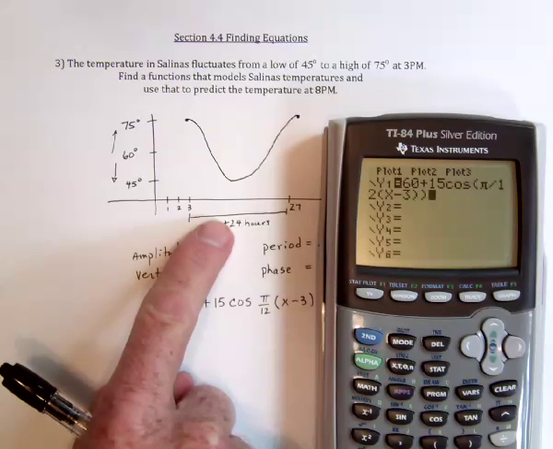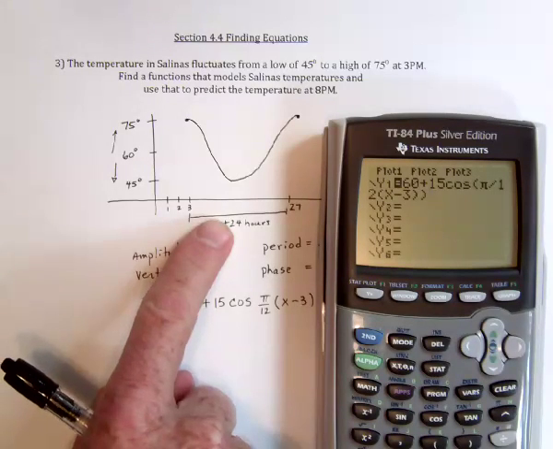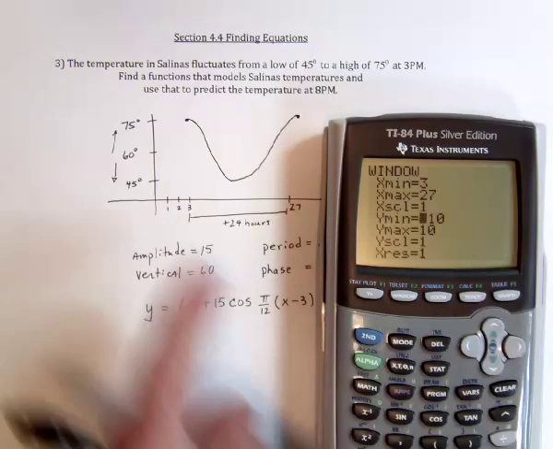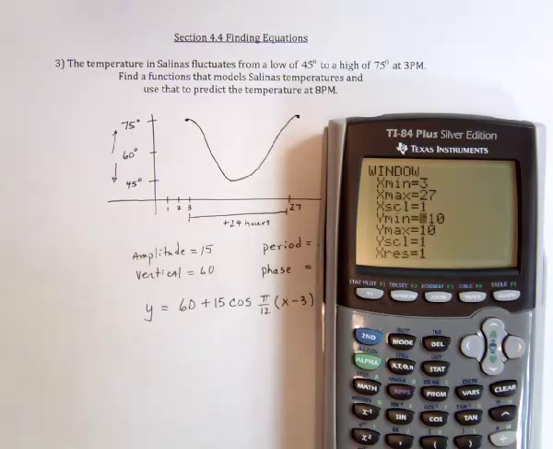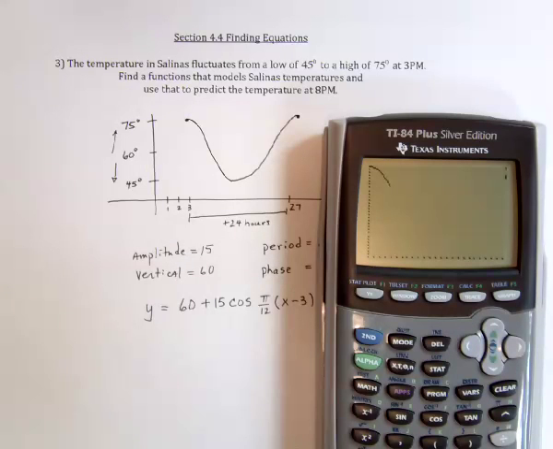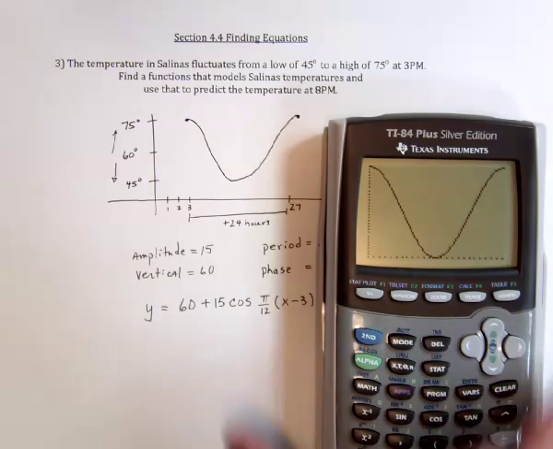And then look at this window, that x goes from 3 to 27, and y goes from 45 to 75. And then take a look at the graph, and it should look like one cycle of cosine. Perfect. And now use that to predict the temperature at 8 p.m.